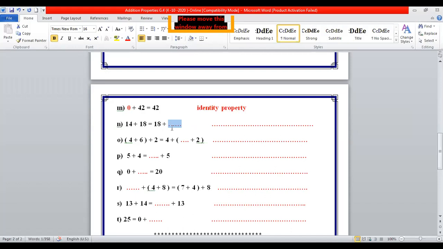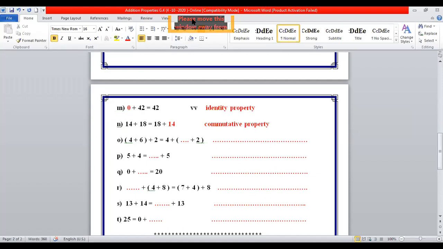Compare the two sides. You will find the number. Only we change the order. What is the name of this property? When we change the order, the result will be the same. It's called commutative. Yes, commutative property. Thank you, Pilar.